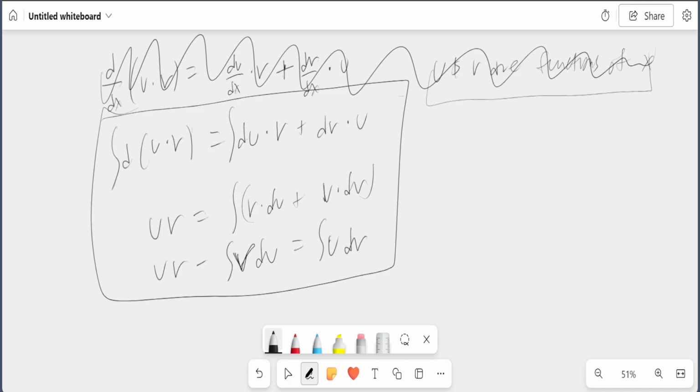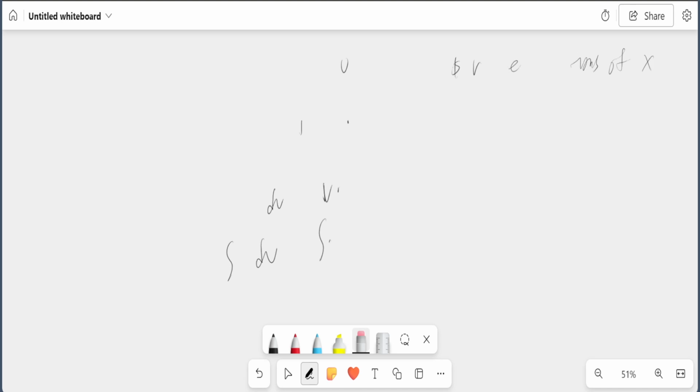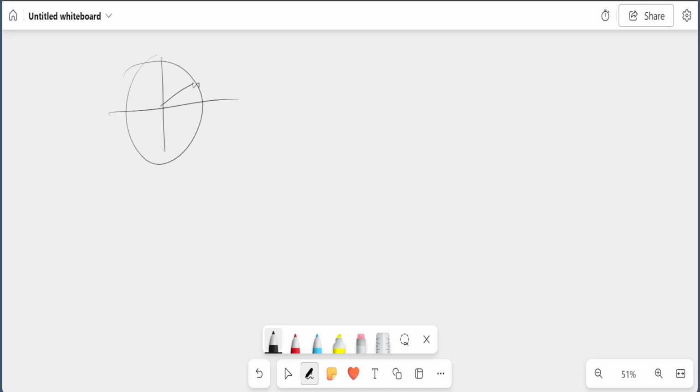Arc length of a sector of a circle. Oh, so this is pre-calc, right? We have this theta. The ratio of theta over the full circle angle, 2 pi, is going to be equal to the ratio of the arc length over the full circumference, which is 2 pi r.